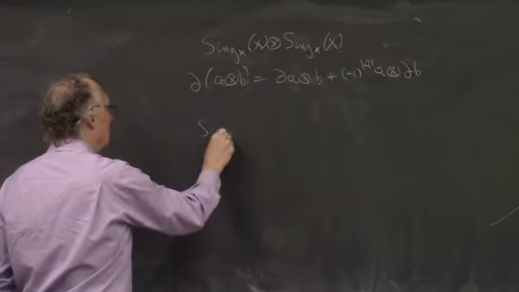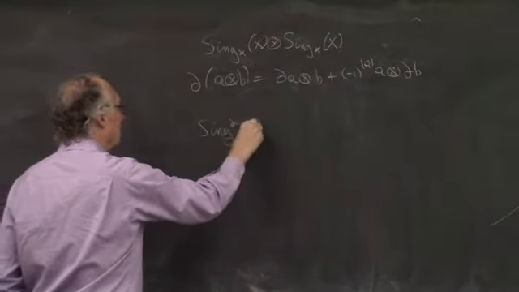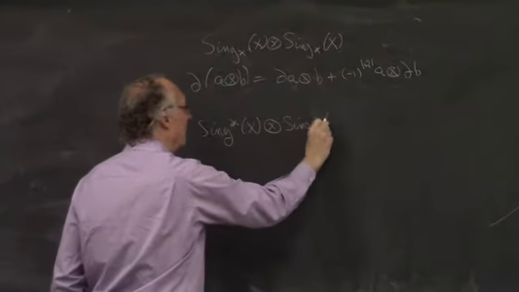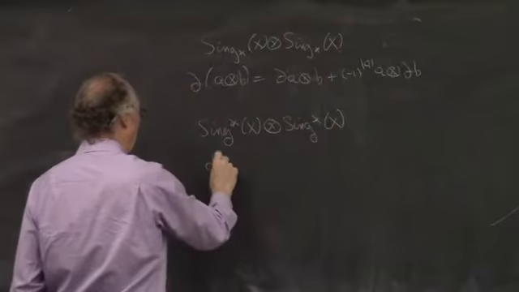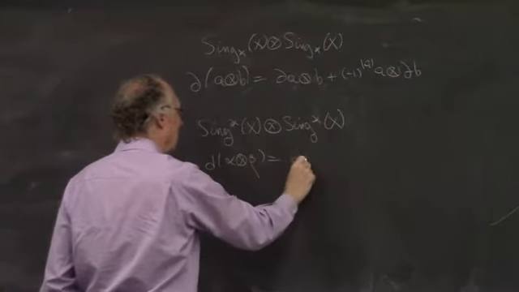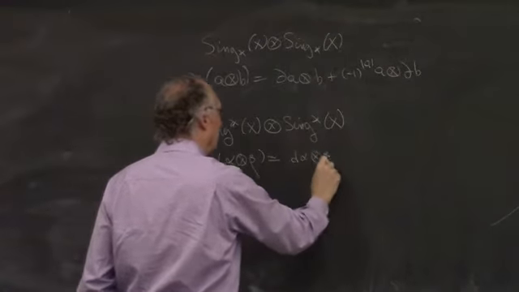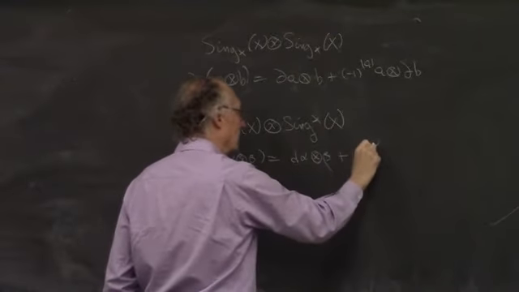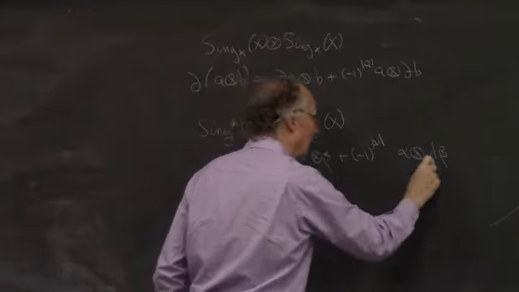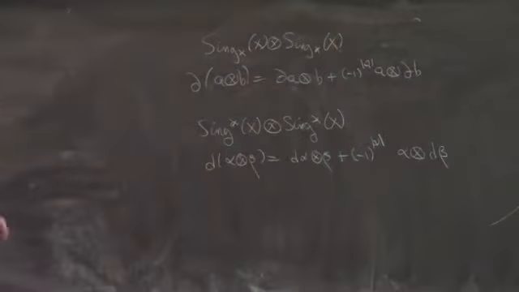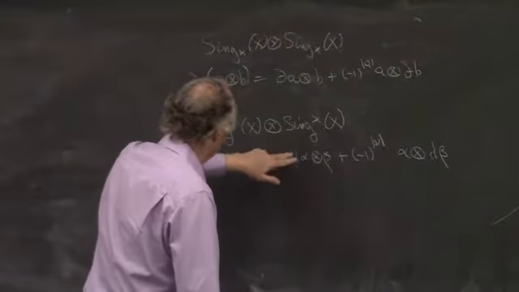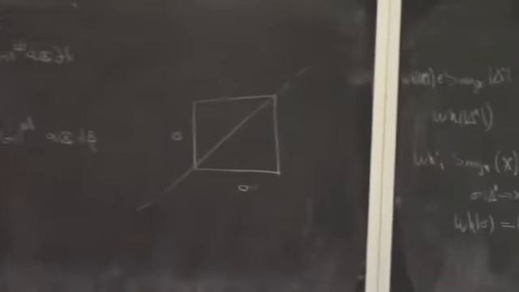Similarly for cochains, dual cochain complexes, again we have d of alpha tensor beta is d alpha tensor beta, plus or minus 1 to the degree of alpha, alpha tensor d beta. So those are conventions on how boundary and dual differential act.